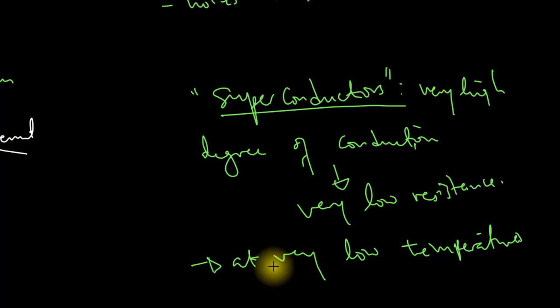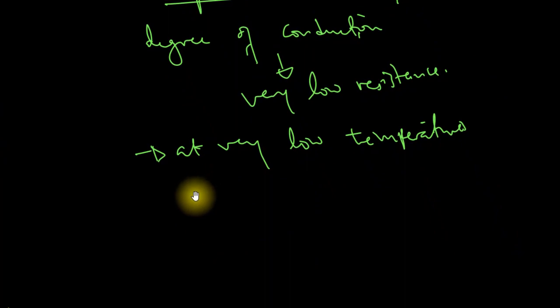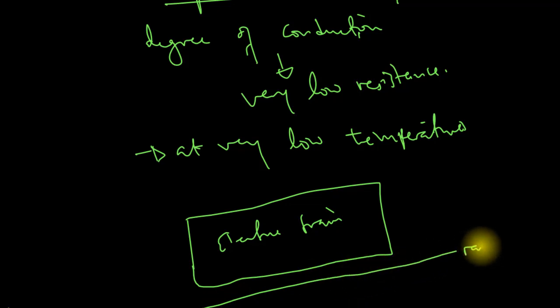So superconductors are a new type of material in the research industry, and they're already in use, especially in the field of electromagnetism, in making magnetic levitation trains. We need materials which can become magnetized to a very high extent to carry a big mass. So this is how a picture looks like. We have an electric train, and the electric train is moving on rails.